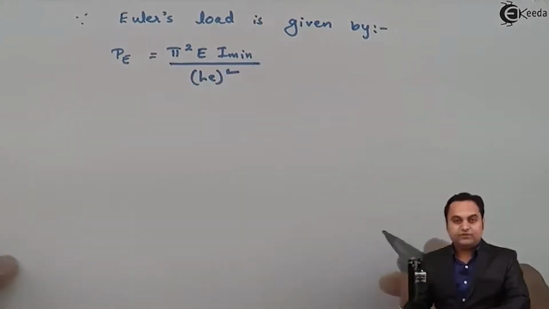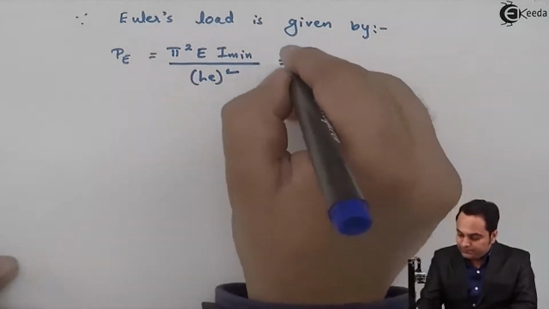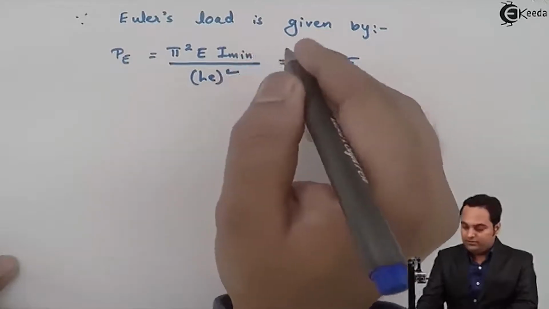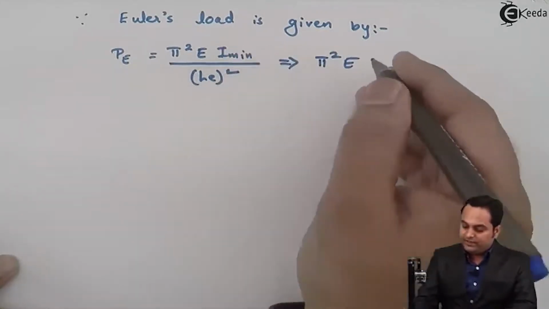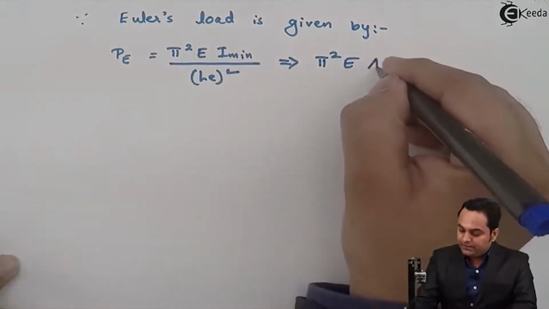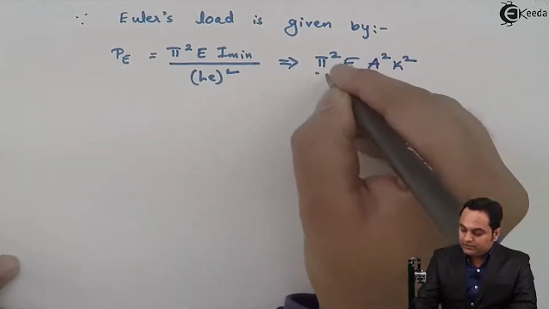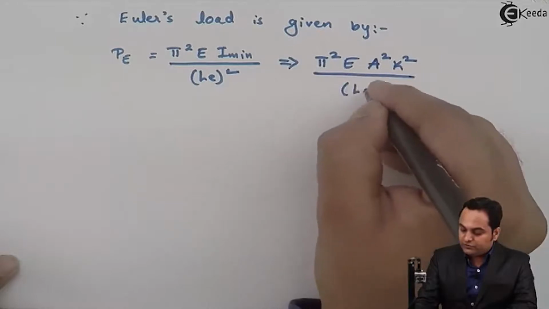Now after writing this formula, here I can write I minimum, the minimum moment of inertia, in another way, as A square into K square divided by effective length square.